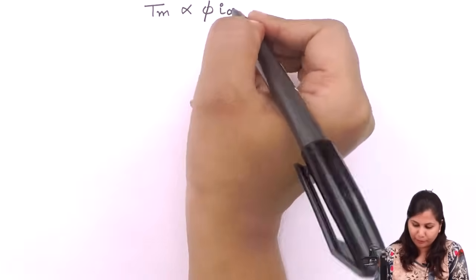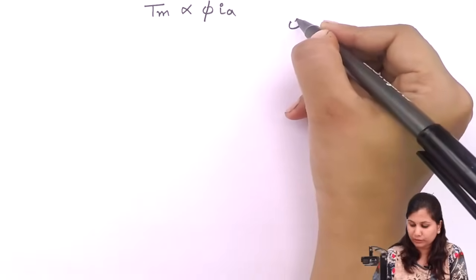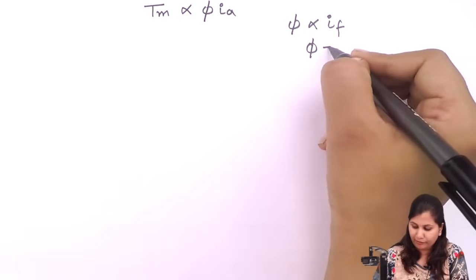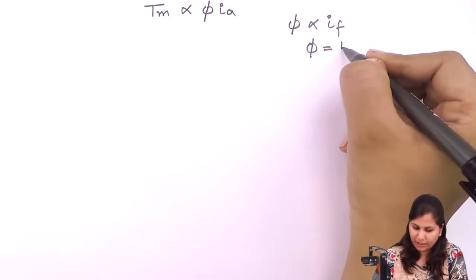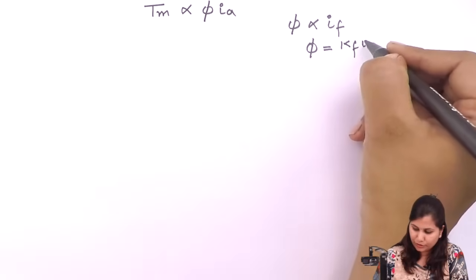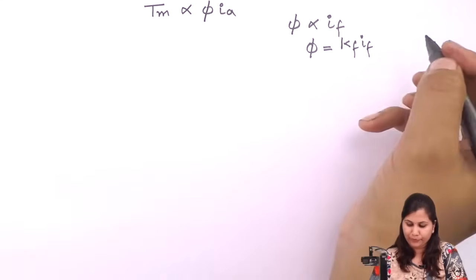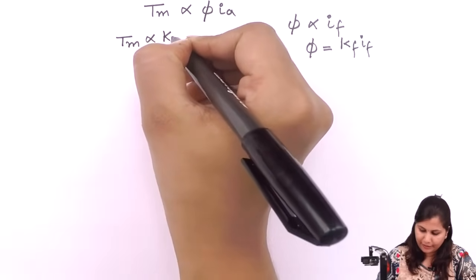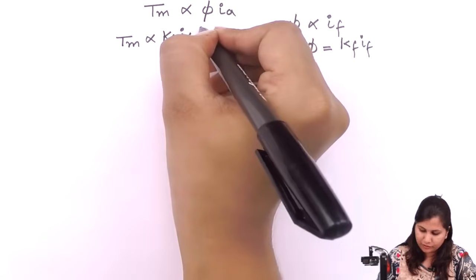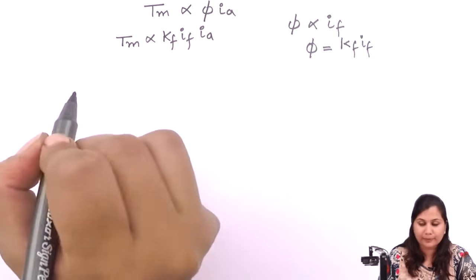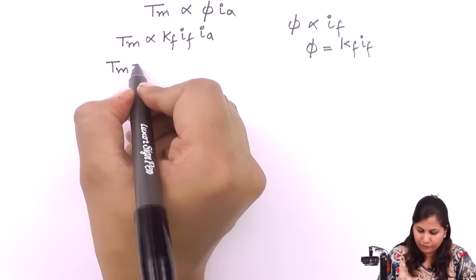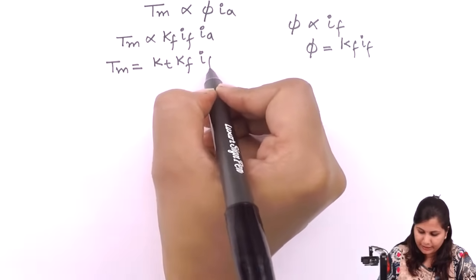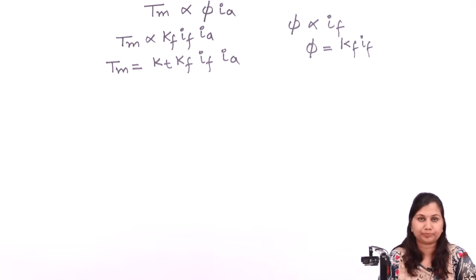Now remove this proportionality sign, and we also know that flux is proportional to If, and we have found out that if we remove this proportionality sign, we can introduce the constant Kf If. So putting the value of phi here, we will have Kf If Ia. Now remove this proportionality sign, we will have Kt Kf If and Ia.